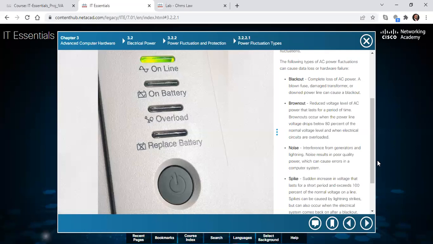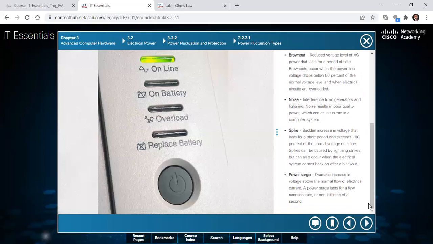Okay, so there's what we call spike. Spike brings in a sudden increase in voltage that lasts for a short period and exceeds 100% of the normal voltage on a line.